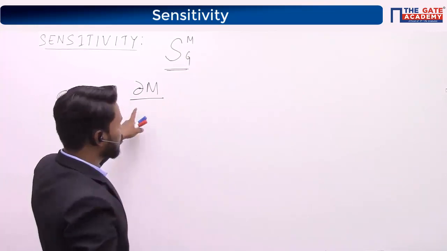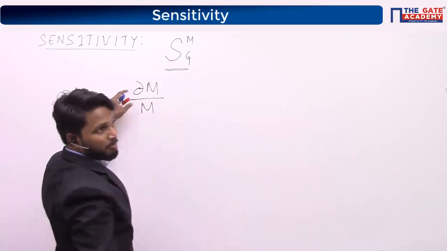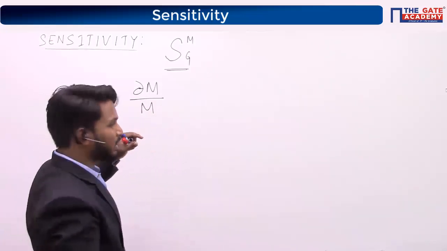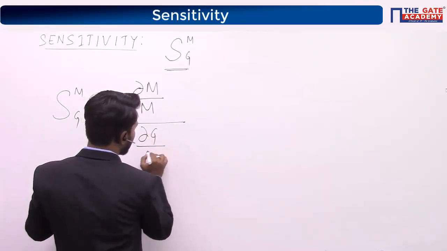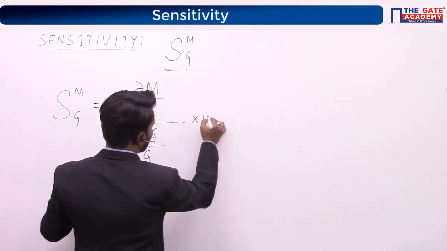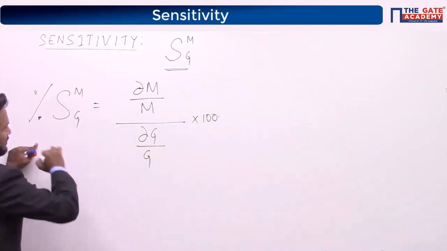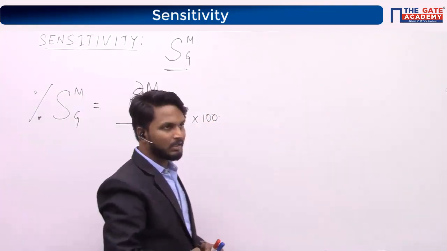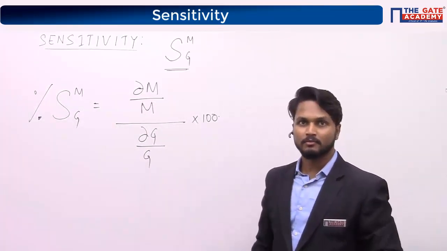So dou M upon M is the per unit change in M, divided by per unit change in G, multiplied by 100 if you want the sensitivity in percentage.